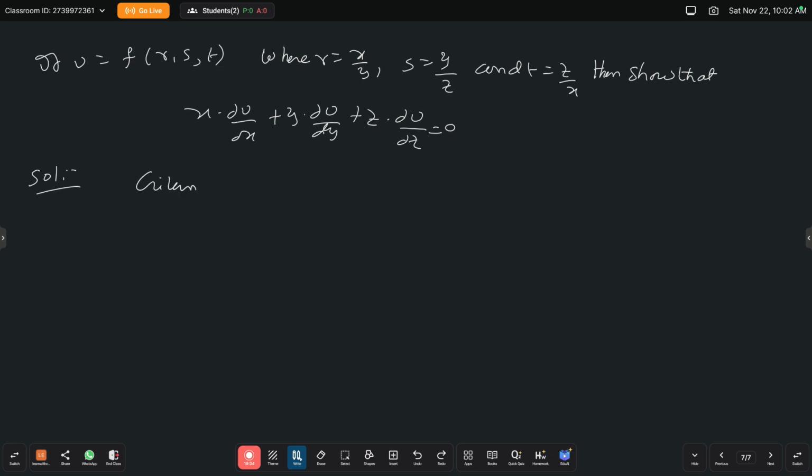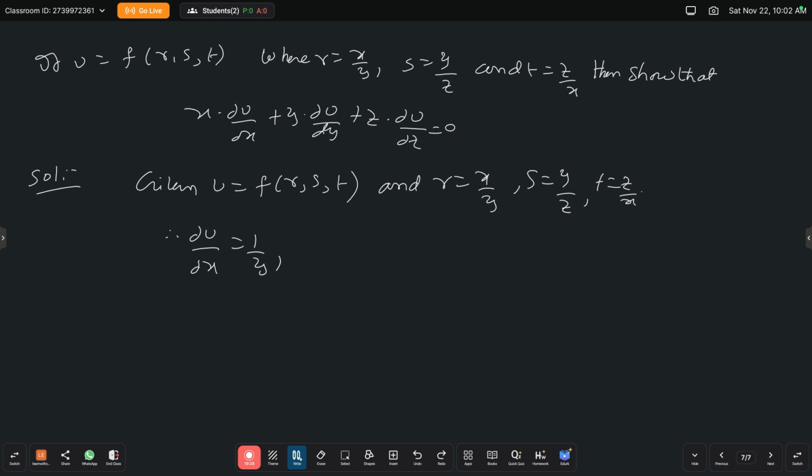Given u is equal to f of r, s, t, and r is nothing but x by y, s is equal to y by z, and t is equal to z by x. Therefore, we can determine dou r by dou x is equal to 1 by y, dou r by dou y equals minus x by y square.